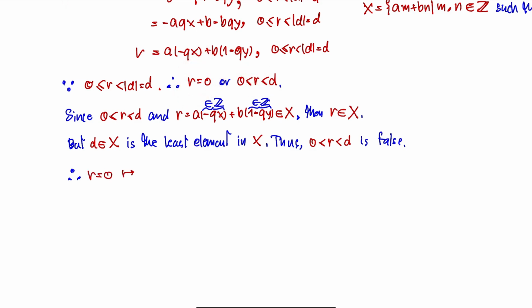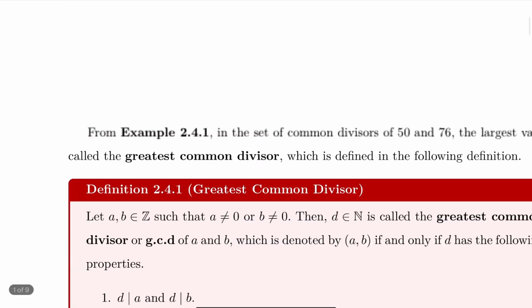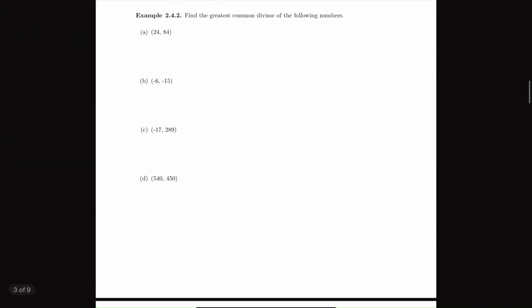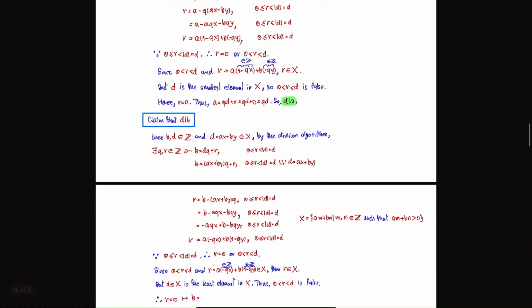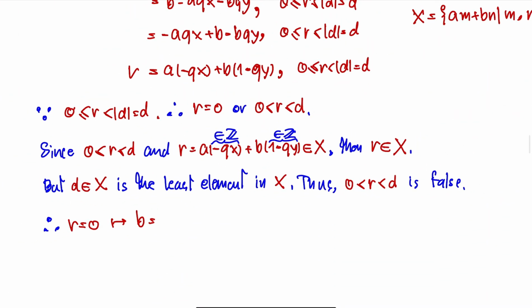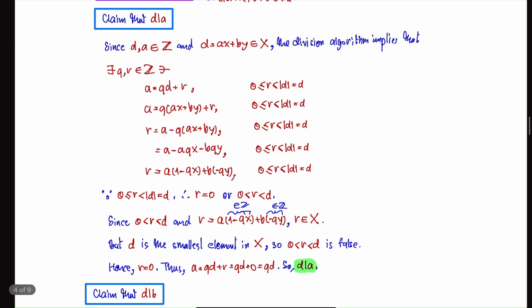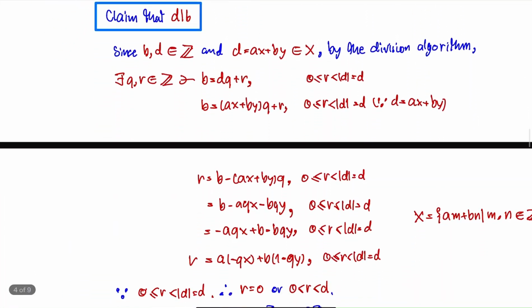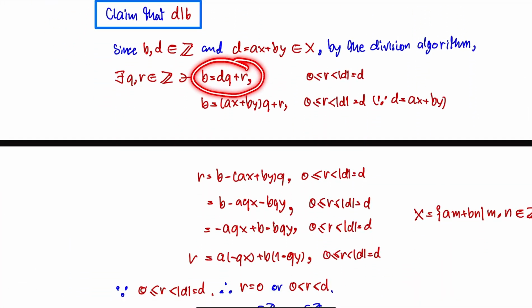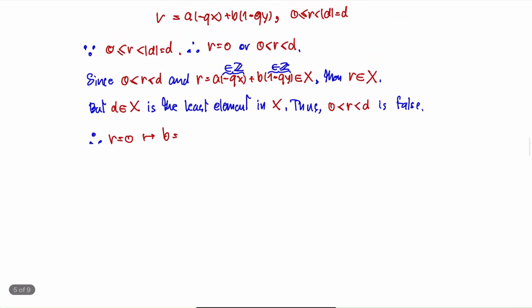Okay, that means that b equals, sorry. Oh, what happened here? That means that our b, where's my b? b equals d q plus r, which equals d q plus 0, equals d q. d is a factor of b, right?